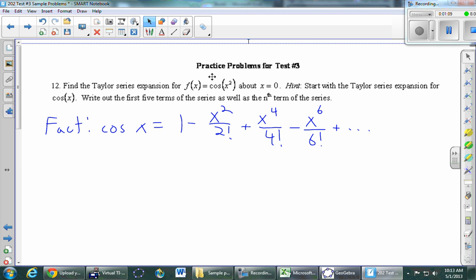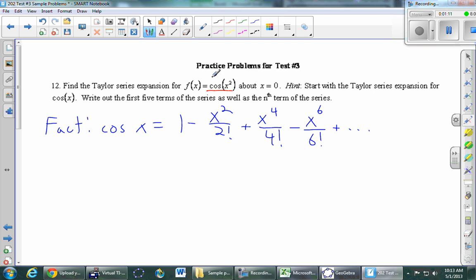Okay, so then our problem involves finding cosine of x squared. So I guess all we need to do is replace the x in this blue line with x squared. So let's write that here. Cosine of x squared is equal to, so all those x's become x squareds.